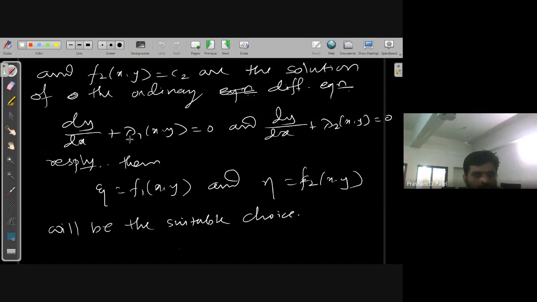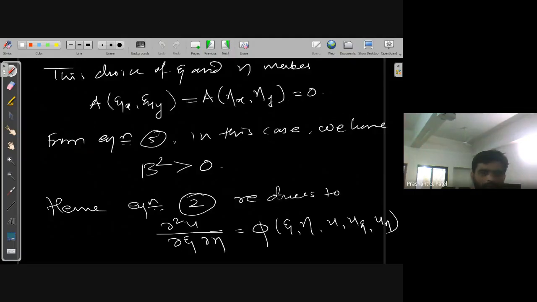So if you proceed in that manner, our equation will reduce to del square u by del xi del eta.